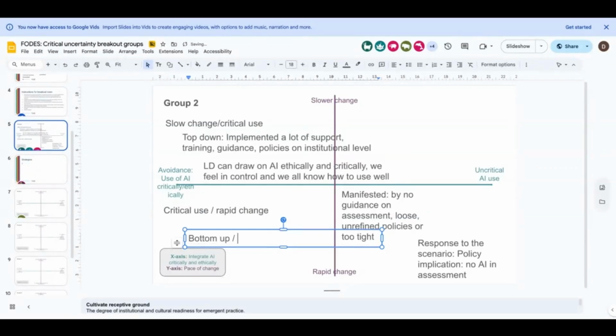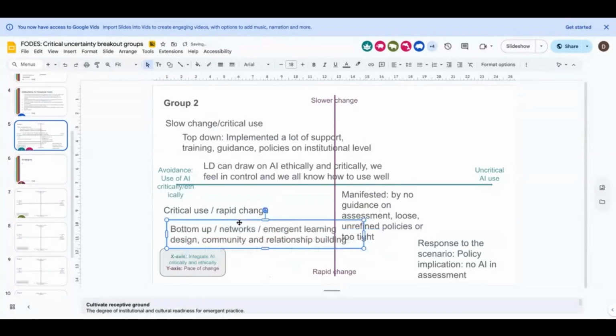Because as an institution, we're not able to respond to rapid change, but bottom up networks, that is really the emergent learning design we are talking about. Finding communities. This is really around community and relationship building, because the support has to come from the bottom if it's rapid change. It can't come from the top.